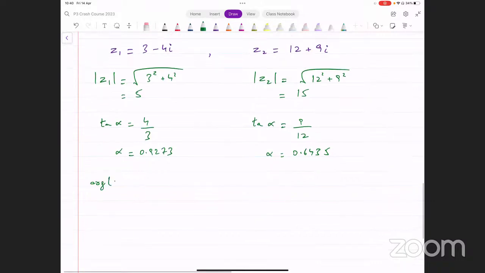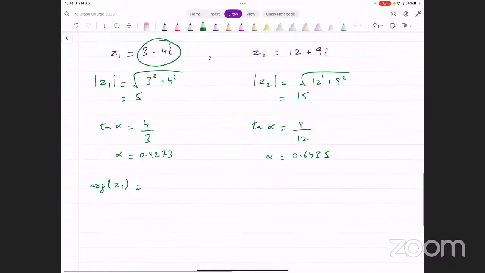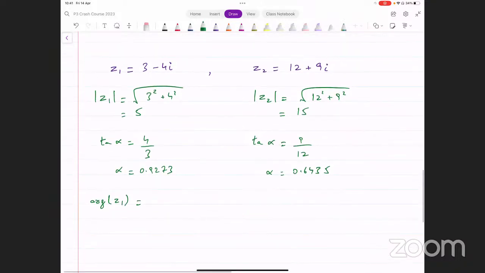Argument of Z1 is equal to, you can see which quadrant this is in. The real part is positive. The imaginary part is negative. So which quadrant is this going to be? It's going to be this quadrant here, right and down, the fourth quadrant.